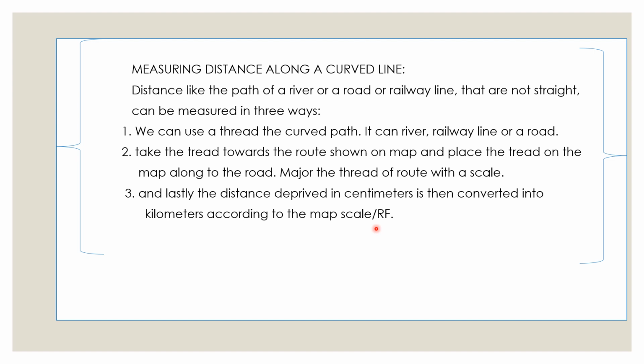If it is 14 centimeters and the verbal statement is 1 centimeter equals 20 kilometers, we have to multiply 14 into 20 and you will get 280 kilometers in reality or on the ground.